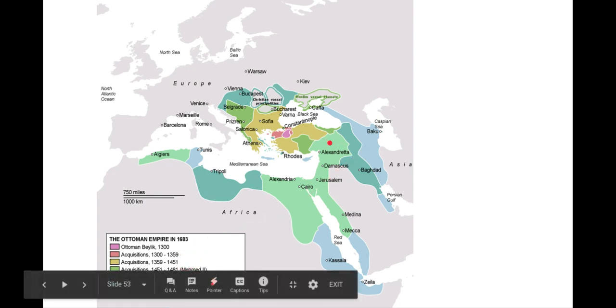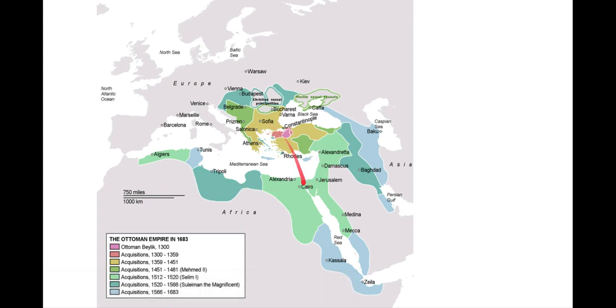And then you see, quickly after the fall of Constantinople, this rapid spread to 1683 all throughout, and it gives you the sense of the height of the Ottoman Empire by the end of the 17th century.